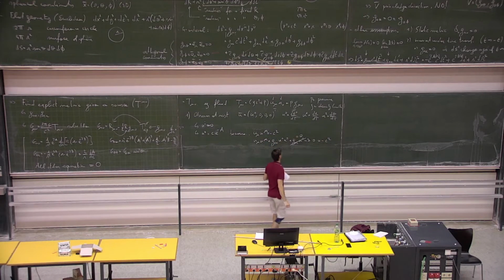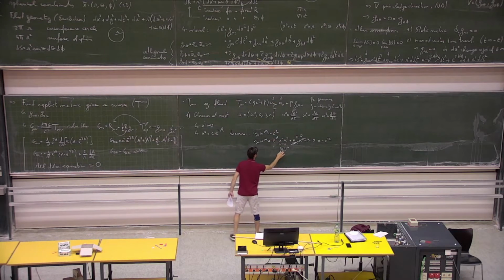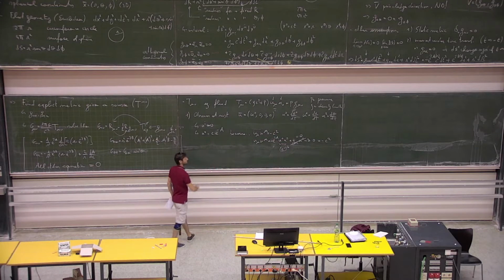And this must be equal to minus c squared. This is clearly u0 to the power of 2. But there is a minus here. Then what you do, so that's g00, that given what we wrote before is minus e to the 2A. So we have minus e to the 2A, u0 to the power of 2, equal to minus c squared. What we do, we just isolate u0, and we get this expression.